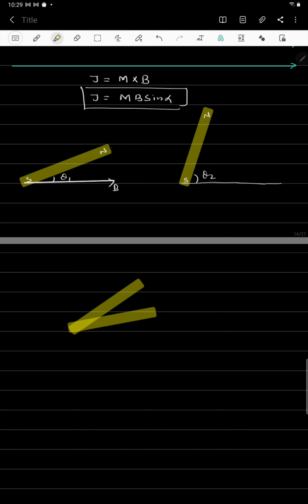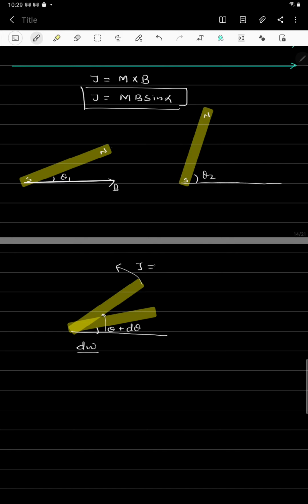We consider this is theta, and if we move from this small position, the change is very small, so that gives theta plus d theta. It means you are doing a small work, and the rotation of that magnet is very small, that is theta plus d theta. So here the torque is acting in this direction.